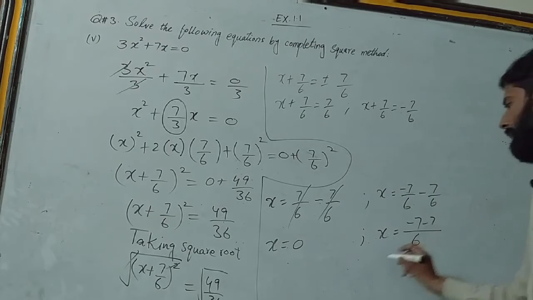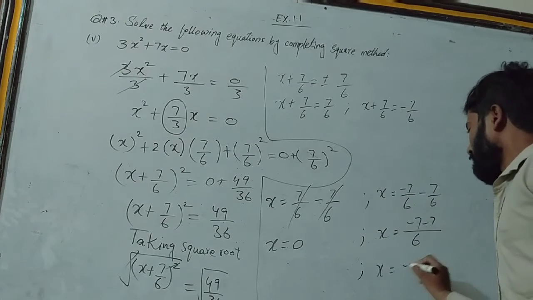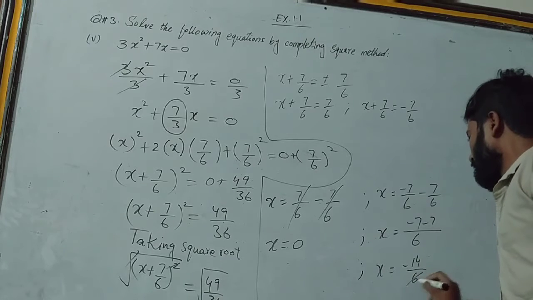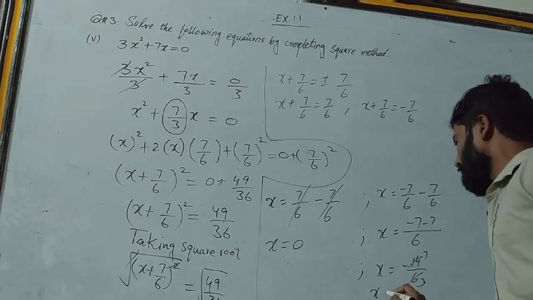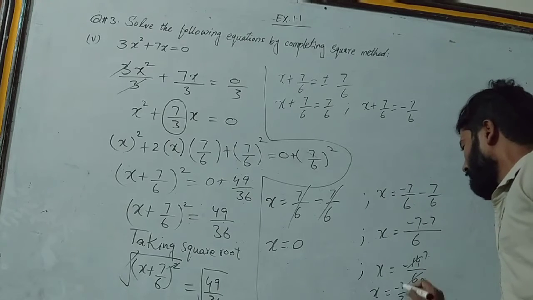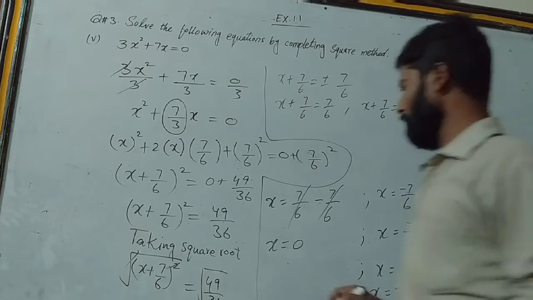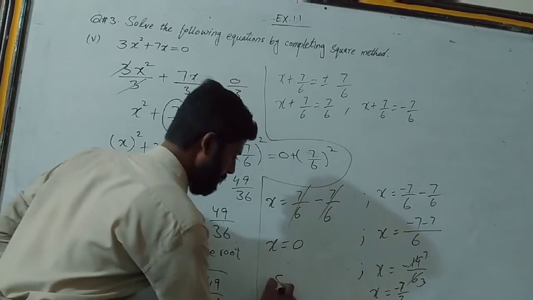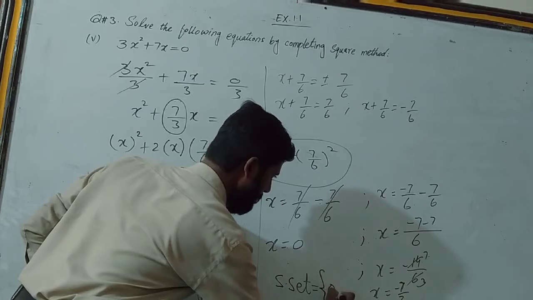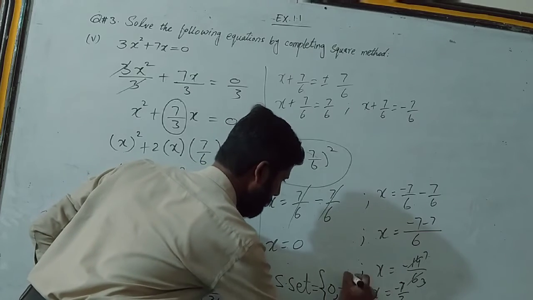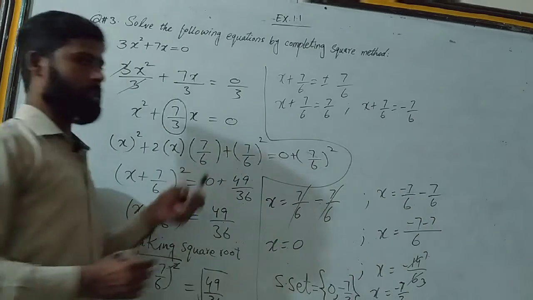Minus 7, minus 7. So it will be minus 14/6. 2 3s are 6, 2 7s are 14. So x is equal to minus 7/3. So solution set will be 0 and minus 7/3. It was our question number 5.